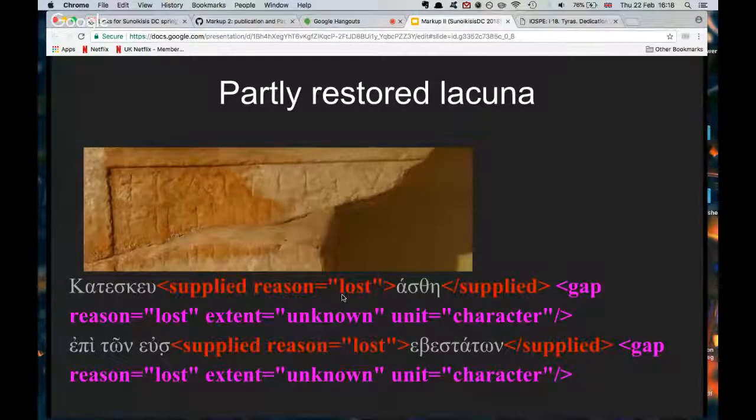Okay, so in the red we have the XML for the restoration. In the purple we have the markup for the gap. So we're saying there's a gap here, the reason is lost, so there's been some damage, the text is lost. We don't know the extent, but the unit is characters rather than lines or columns or anything else.